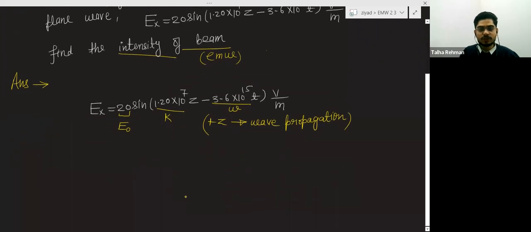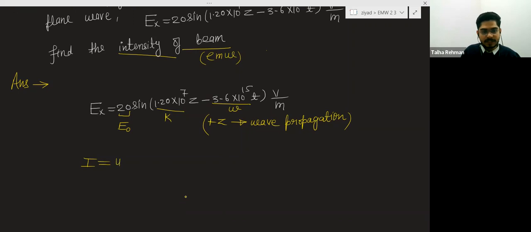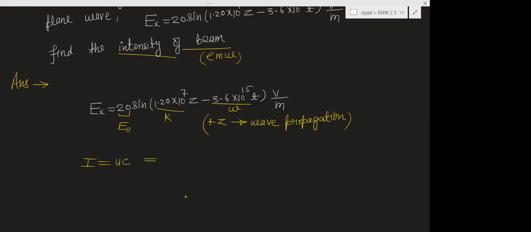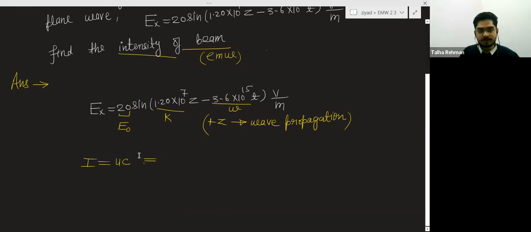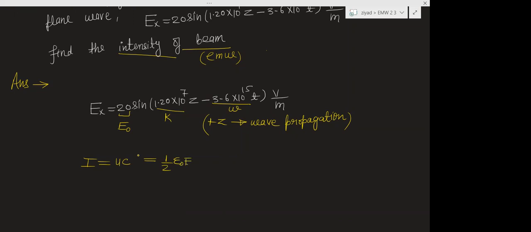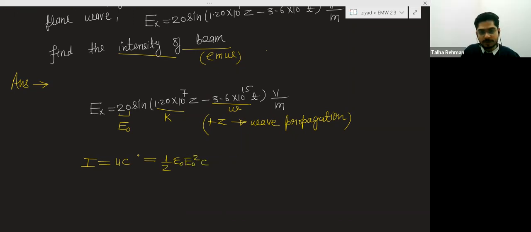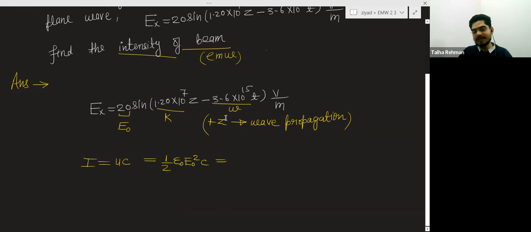So what is the intensity of the electromagnetic wave? I is equal to energy density of the electromagnetic wave into speed of the light. So what is the energy density of electromagnetic wave? Half epsilon naught into E naught square, into C. So there is no requirement of K and omega. Just I have told, but there is no requirement in this question. We can directly solve.